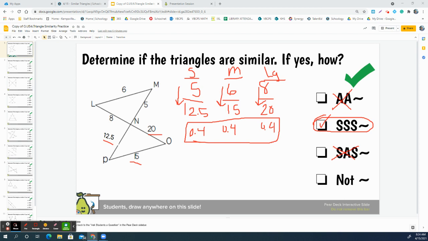So it's got to be side, angle, side, or not. So you know you've got the angle. With the sides, if you do 16 divided by 39 and 16 divided by 40, do they give you the same decimal? If they give you the same decimal, then it's a yes. If they don't give you the same decimal, it's a no. You definitely have to check it though.